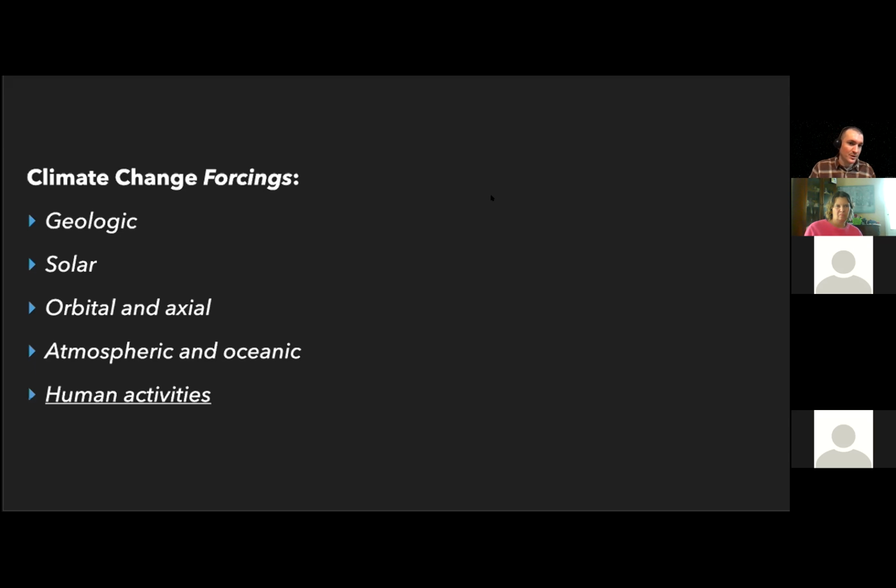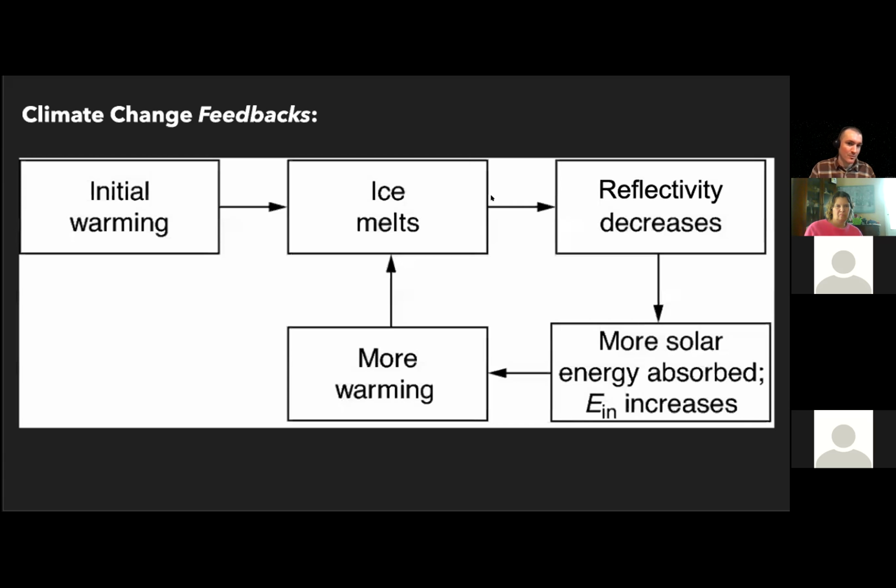Okay, so to complicate these climate change forcings a little bit more, our system also has feedback mechanisms that can and do occur. And these feedbacks can exacerbate a current amount of change. So I've illustrated one example of a feedback.